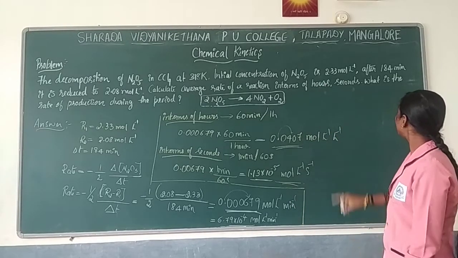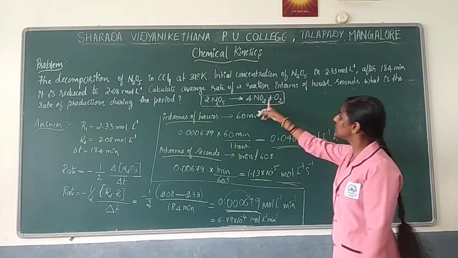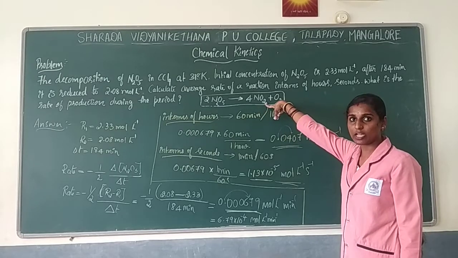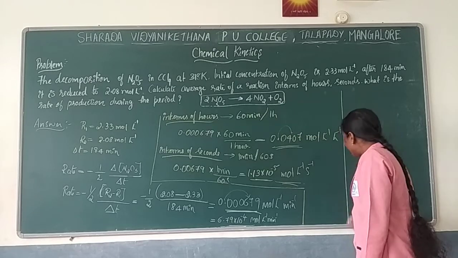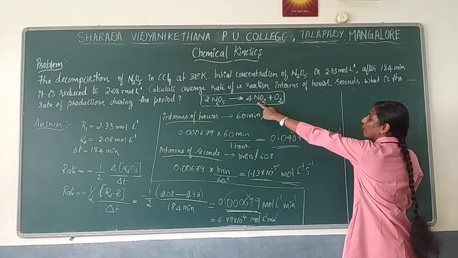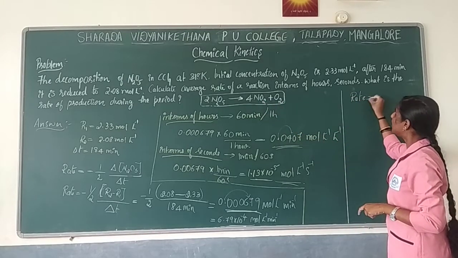Next, we are going to find out the rate of production during the period. In the sense, when the product formation takes place, what will be the rate of the reaction? In terms of product you are supposed to write. So when you are measuring in terms of product, that is 4 NO2, how are you going to write the rate?